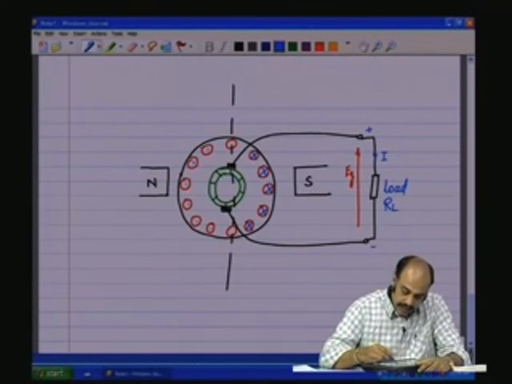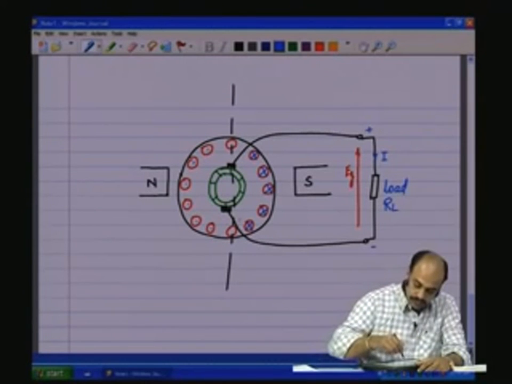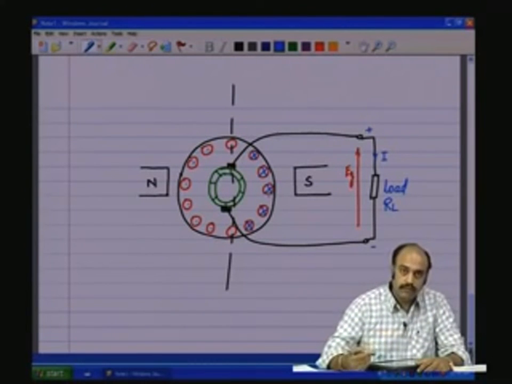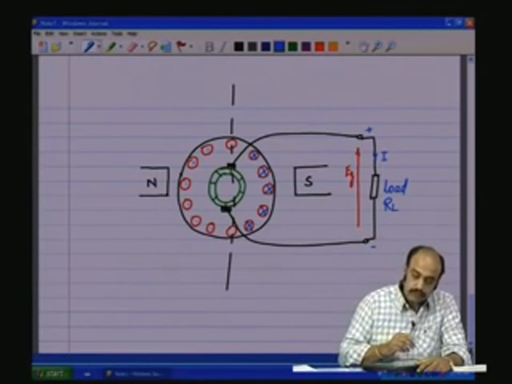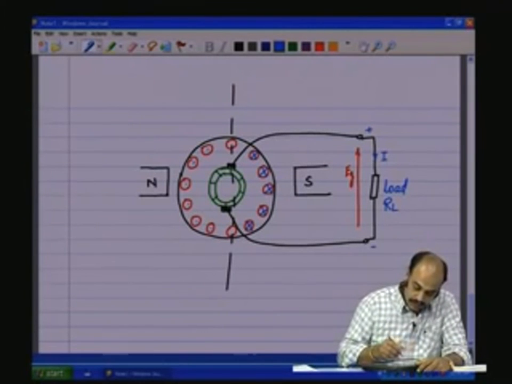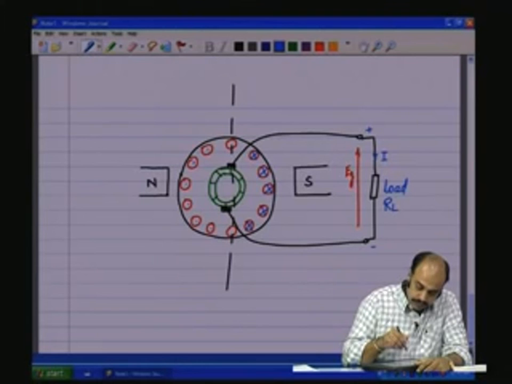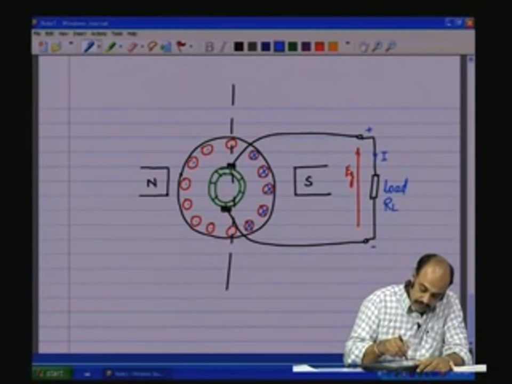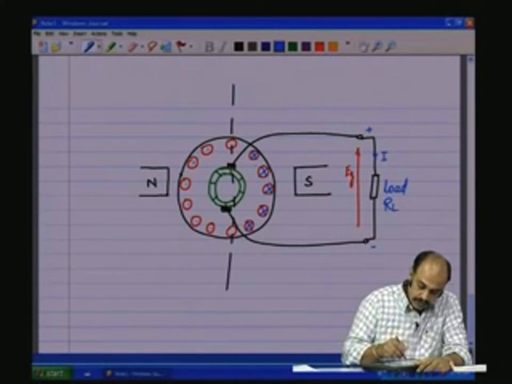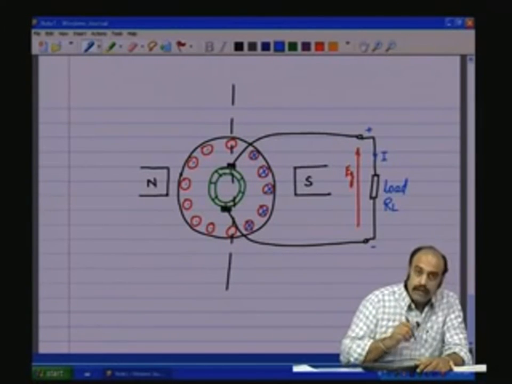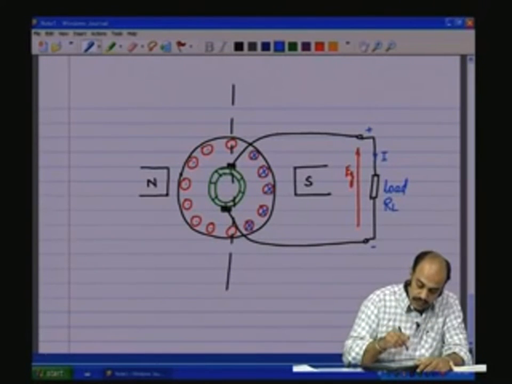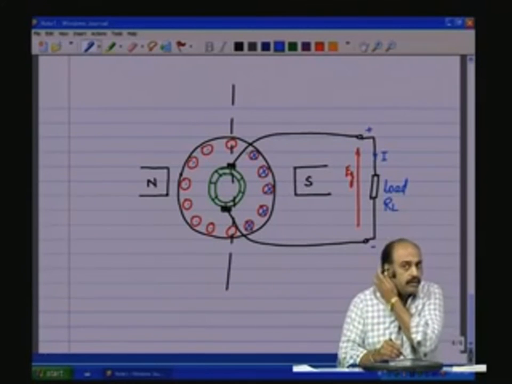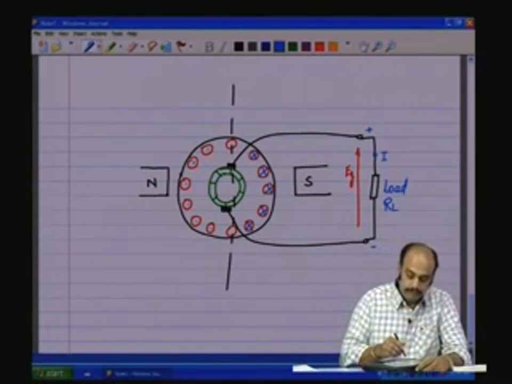Now, this I is going to flow through the respective conductors, that is through the armature. Now, if we take a particular conductor, let us say this particular conductor which I am showing here with the cursor, now that is flowing into the board.